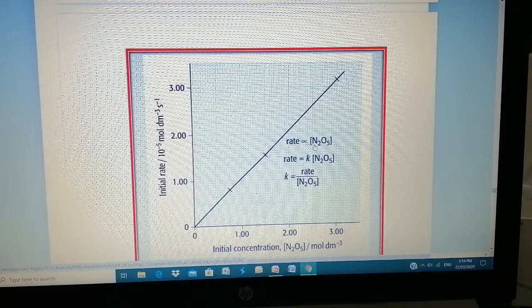Rate is directly proportional to the concentration of N2O5. To remove the proportionality, we put K multiplied by the concentration of N2O5, where K is the rate constant. So this is the rate equation for this reaction. I hope it is clear.